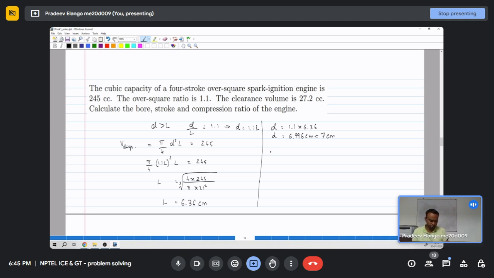Then we can calculate the compression ratio. What is the formula for compression ratio?